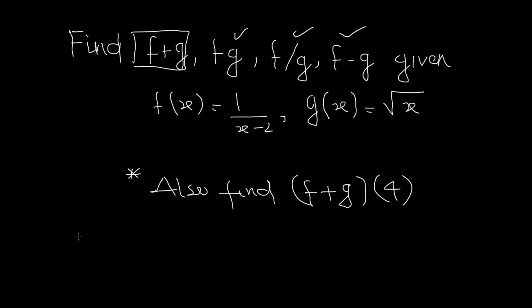Okay, so let's do this first example and then we'll see. So they've asked us to add those two functions. What's the first function? The first function is f of x is 1 over x minus 2. And what was g of x? g of x was root x. So what do we do when we want to add these two?